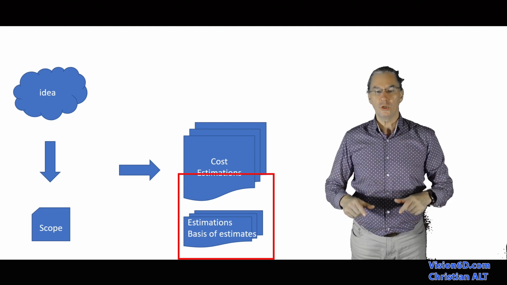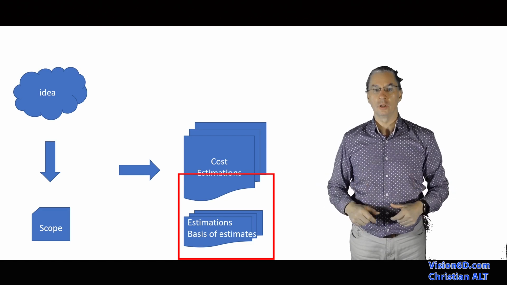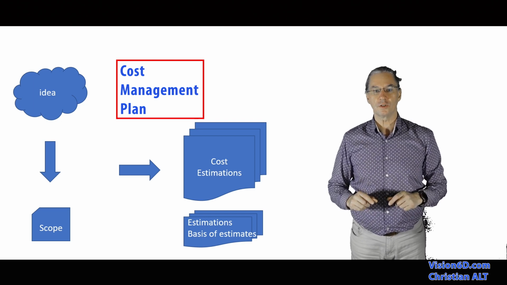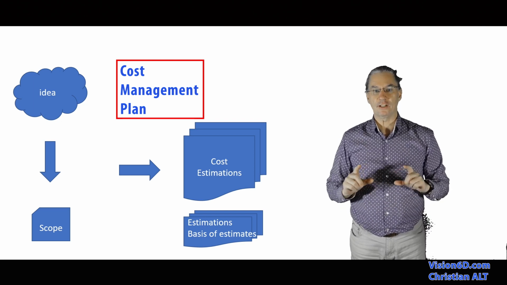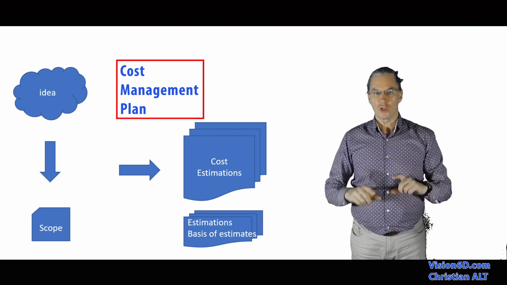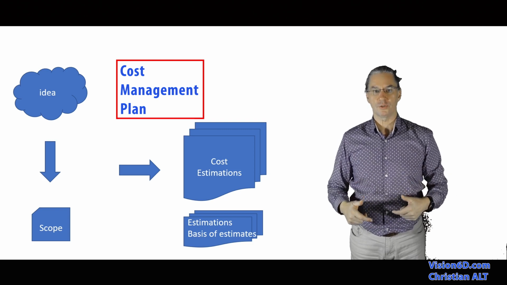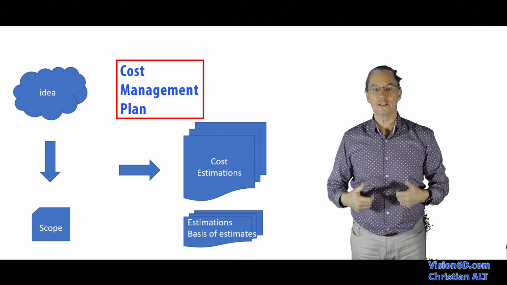At the end, we really have the estimation of the costs. All this follows what is called the cost management plan, in which it is defined how we should proceed with the cost, with the budget for this project.